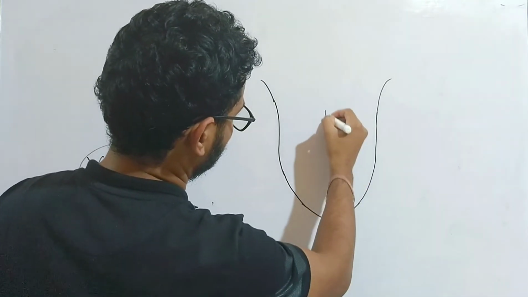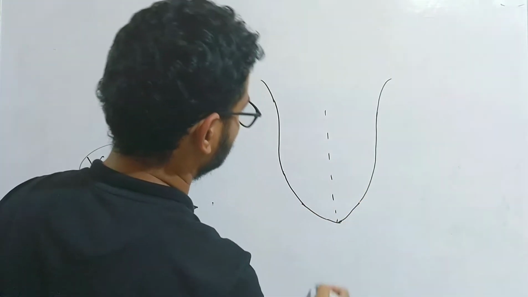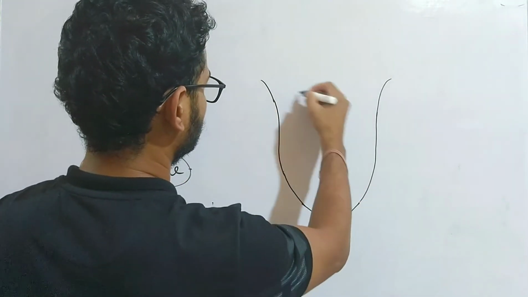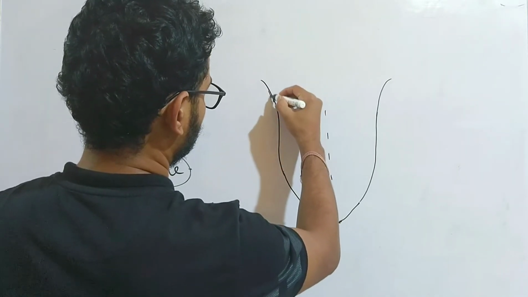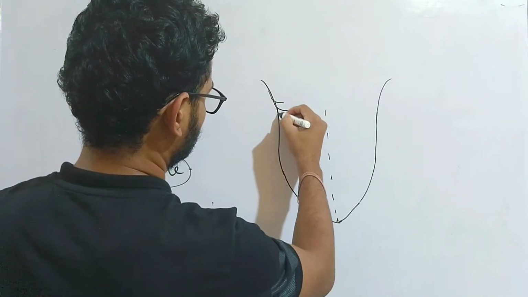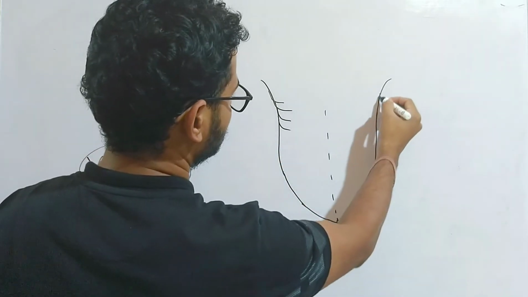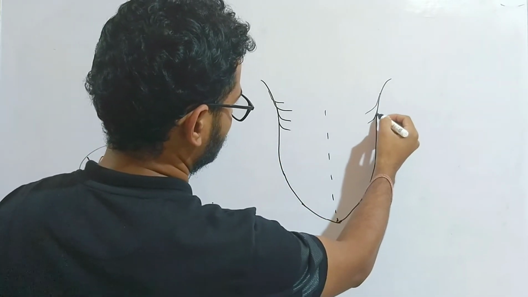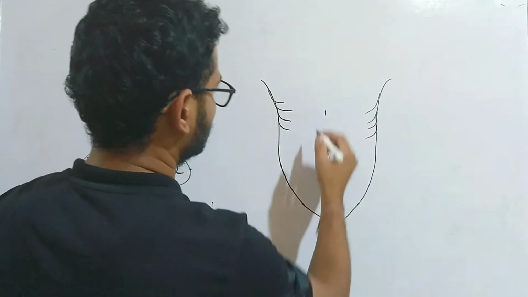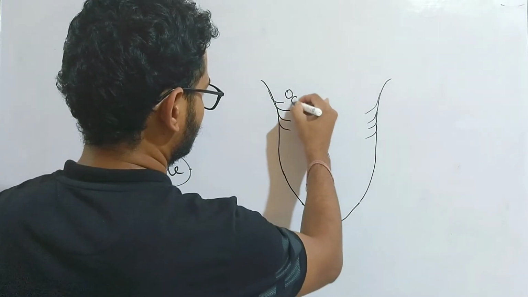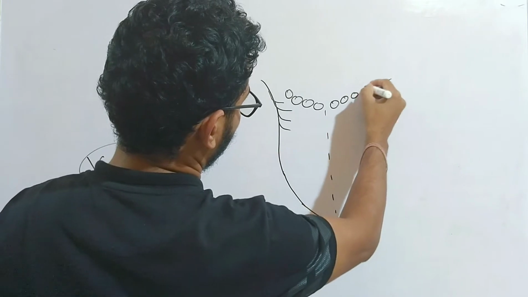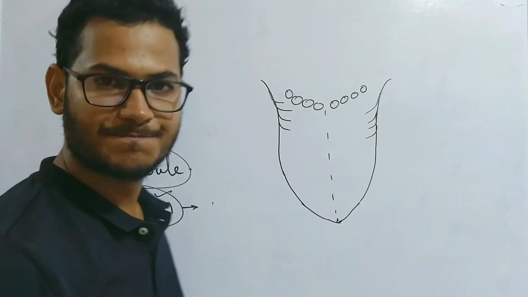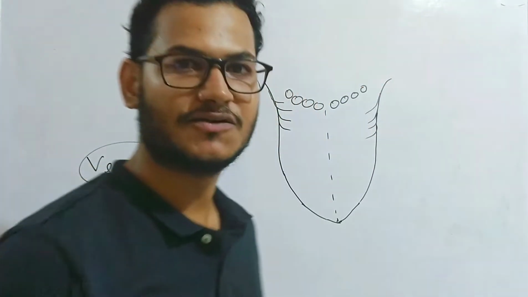At the center we have a structure like this. Then here we will find some foldings. Then here we will have the circumvallate papillae.